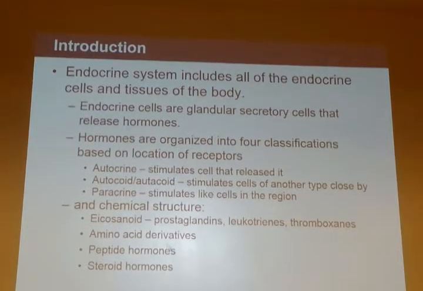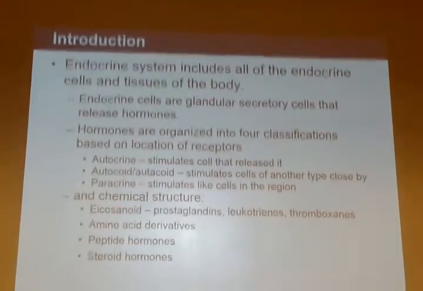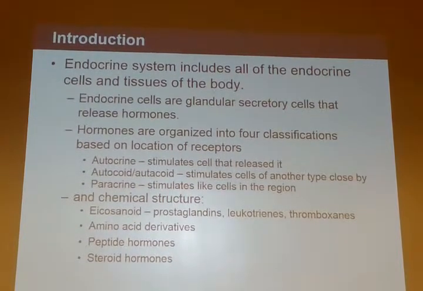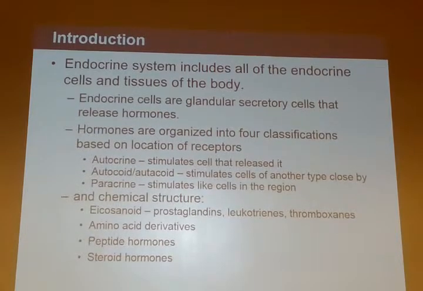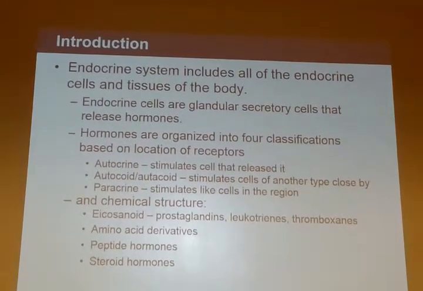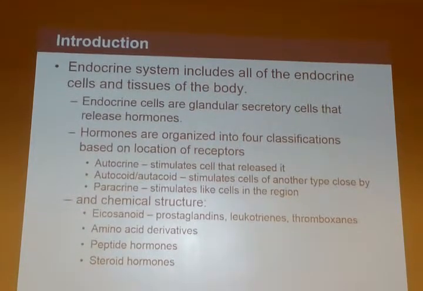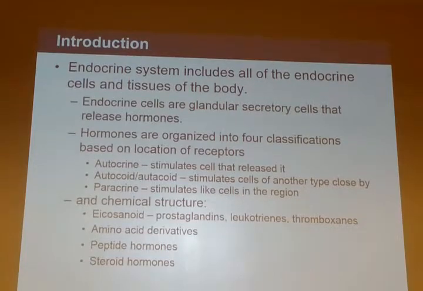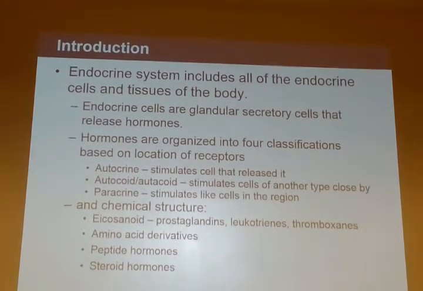Amino acid derivatives means you're taking an amino acid and sticking two together to make something like thyroid hormone, or you're modifying amino acids and having another type of chemical as a communicator, or maybe it is just an amino acid that is acting as a hormone.